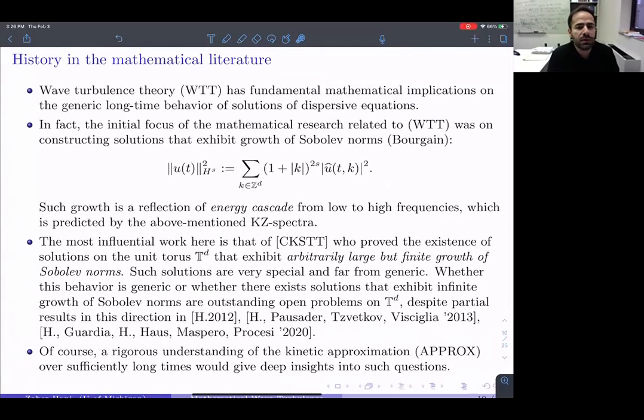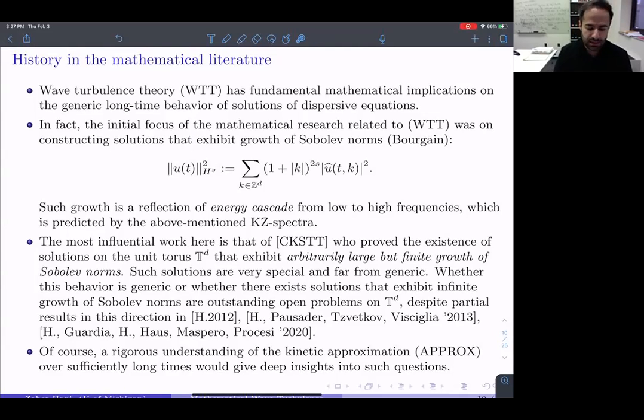The initial focus of wave turbulence theory in the mathematical literature was on constructing solutions that exhibit, as I said, growth of Sobolev norms.